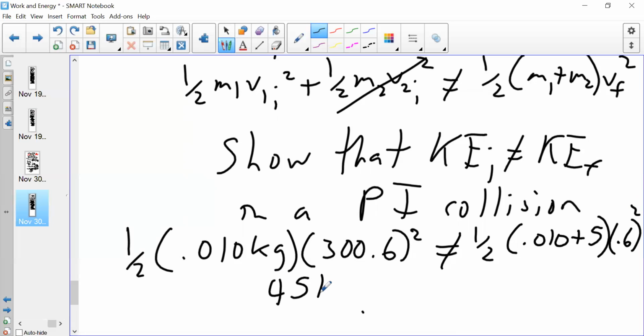And we're trying to compare the energies. Okay, so this is 5 plus 0.01 times 0.5.